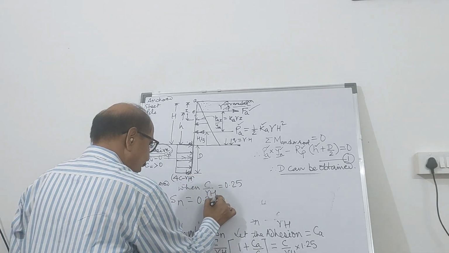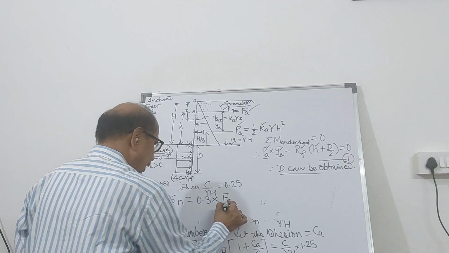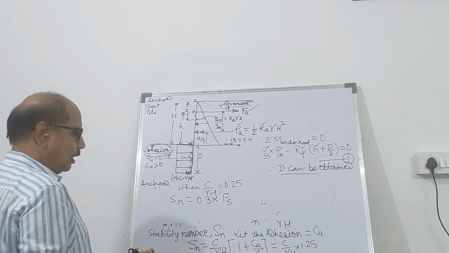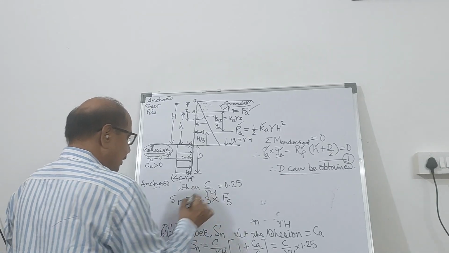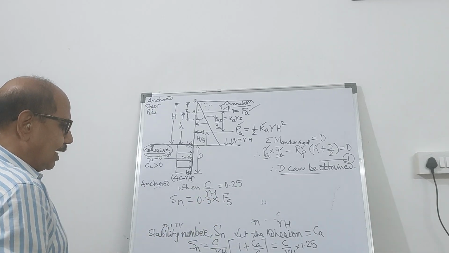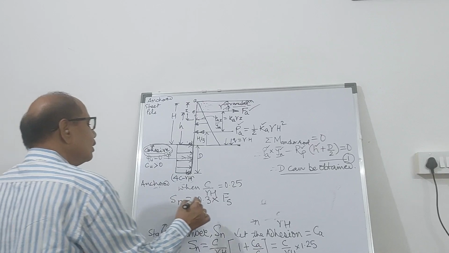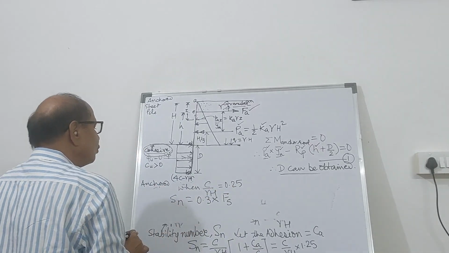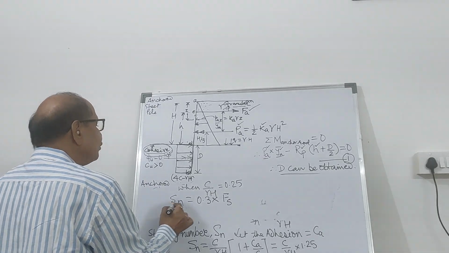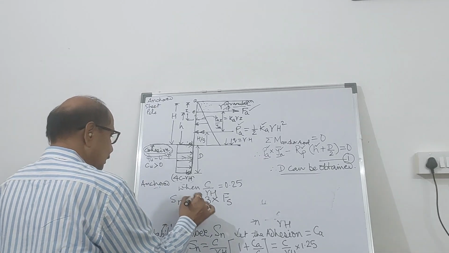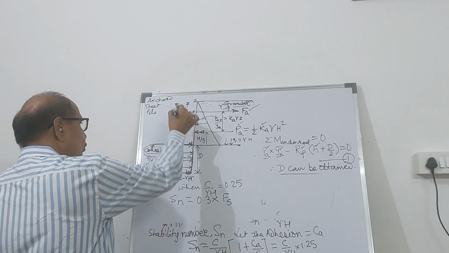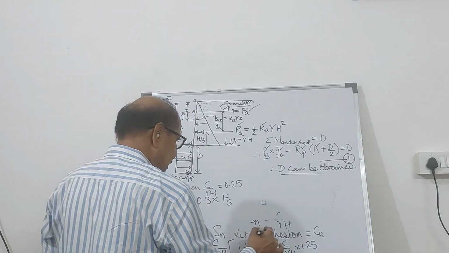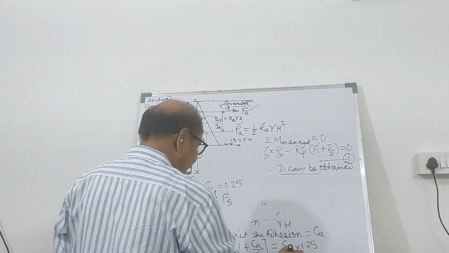So you will have to multiply by the factor of safety. So for Sn equal to 0.3 into Fs, and therefore for different factors of safety you can find out the value for a particular height h, because you know that Sn is going to be C divided by gamma h.